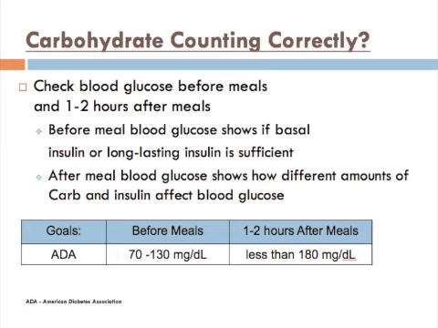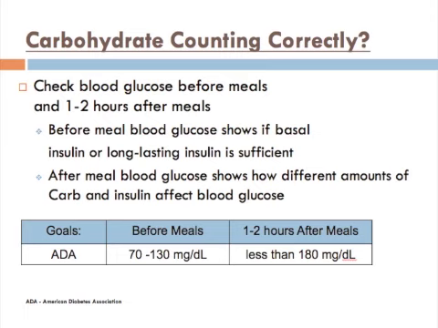So how do you know if you're carbohydrate counting correctly? And I always recommend to people who are using basal bolus insulin therapy that they check their blood glucose before meals and occasionally 1 to 2 hours after meals. Because by testing before the meal, that shows if their basal insulin or long-acting insulin is sufficiently dosed.